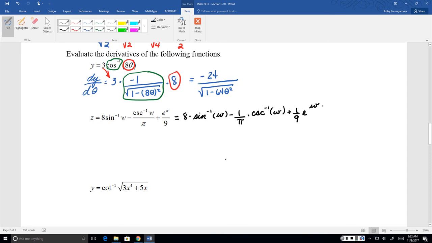Just want to remind you that those are equivalent statements, and I like to pull constants that are being multiplied or fractions that are being multiplied. I like to pull them off to the front. Helps me visualize what I'm supposed to do.